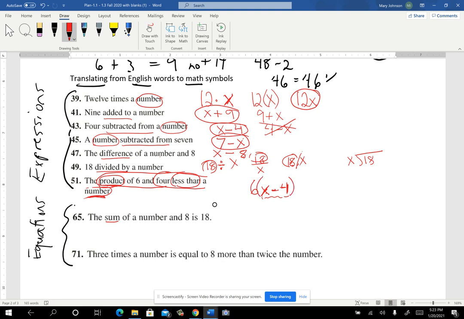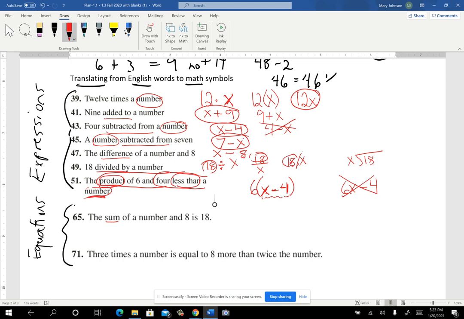And just write the 6 right next to it, and that indicates multiplication. So this would be the product of 6 and x minus 4. This would be incorrect because that would be the difference of 6 times a number and 4. The difference between 6 times a number and 4. It's not the same. Okay.